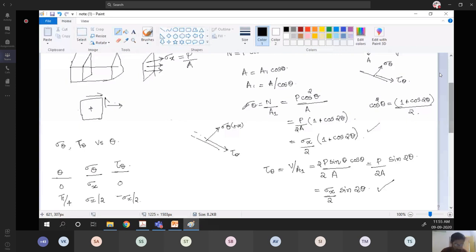So sigma 1 is positive, and sigma 2 is negative here. Similarly, along the plane I am considering tau 1 and tau 2. What can you say about tau 1 and tau 2 in the same sense?